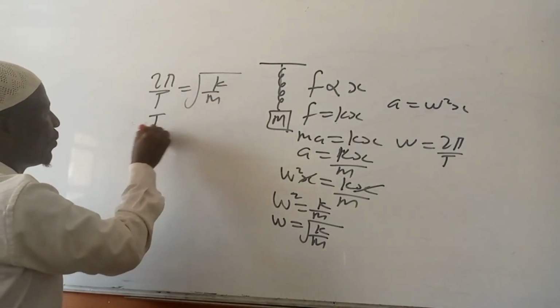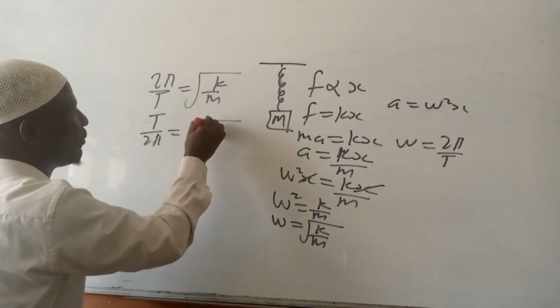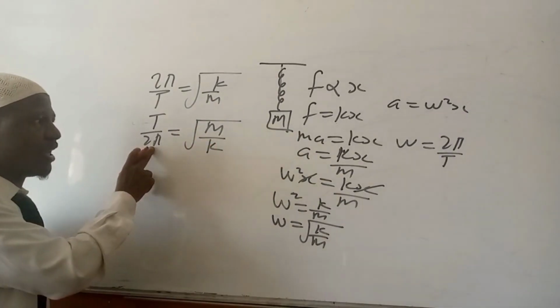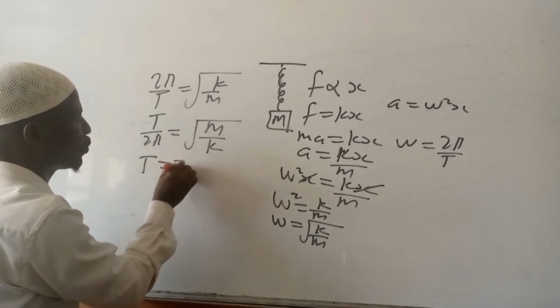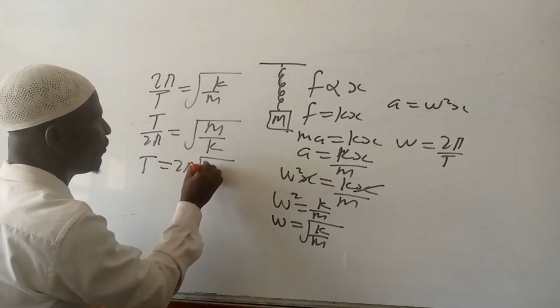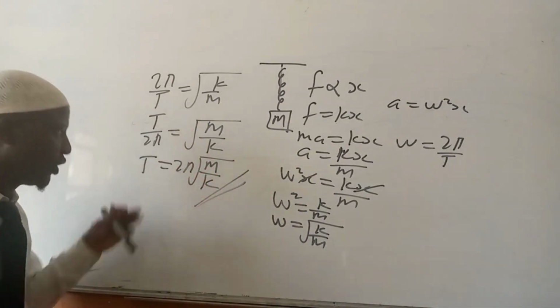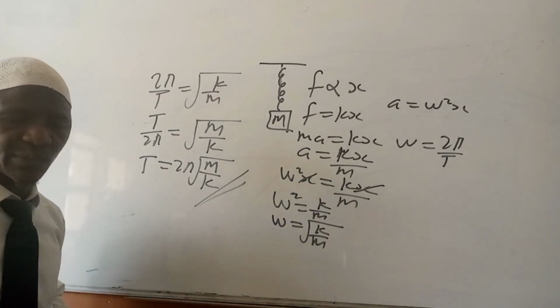Therefore, t over 2 pi is equal to square root of m over k. Then multiply both sides by 2 pi. We have t, that is the period, is equal to 2 pi square root of m over k. So this is the formula for the period of simple harmonic motion for that of a loaded spring.